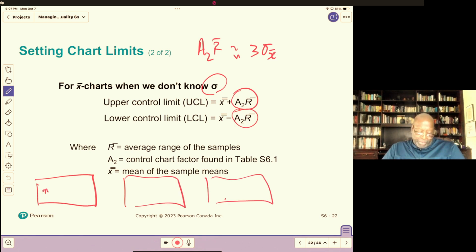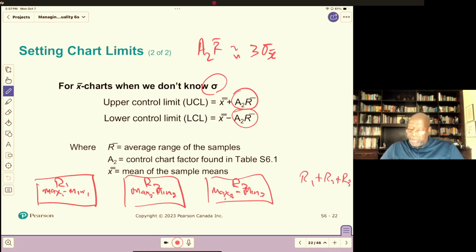So for sample 1, we would have max 1 minus min 1, which gives us R1. Max 2 minus min 2 gives us R2. Max 3 minus min 3 gives us R3. So if we now take R1 plus R2 plus R3 over 3, we get R bar. There we go. That's where we get that R bar from.